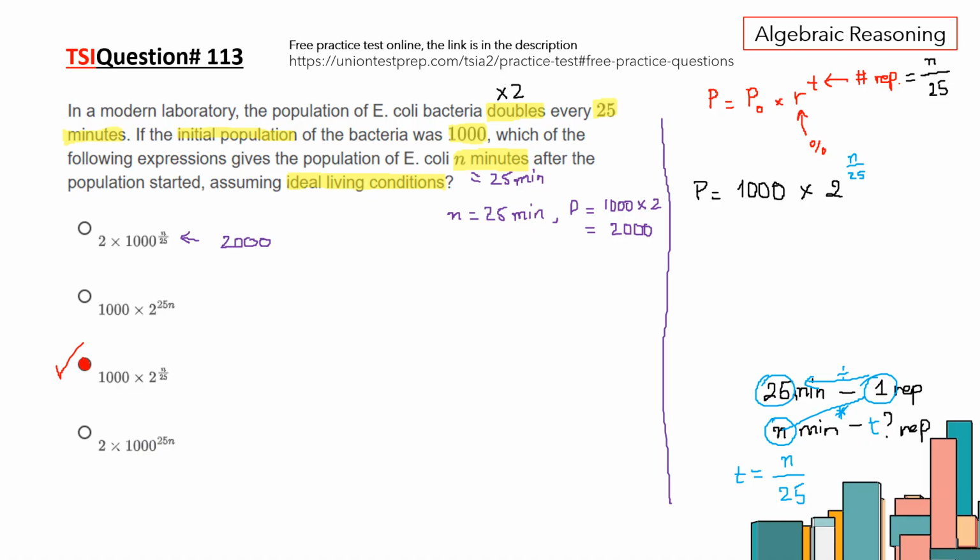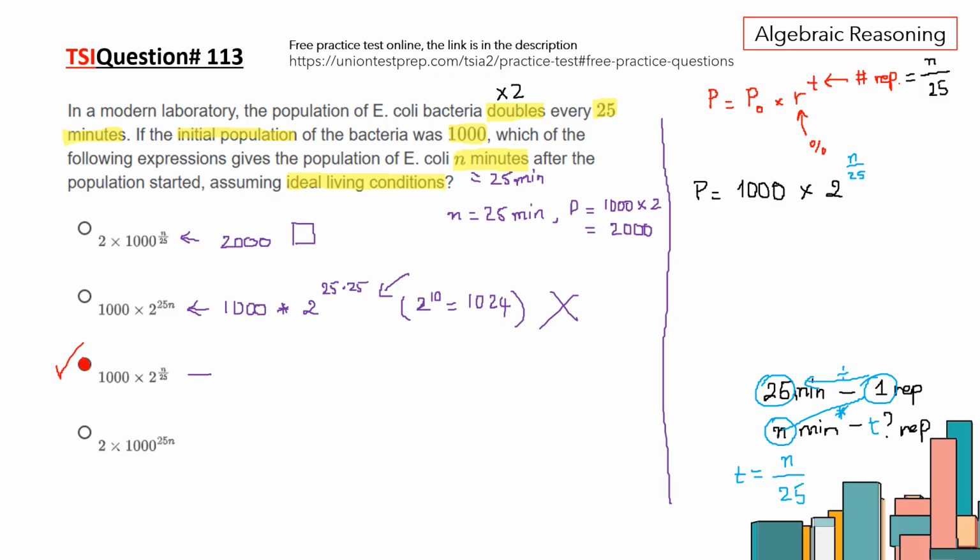This other one gives you really big numbers, because 1,000 multiplied by 2 to the power of 25 times 25 is really big. As you know, 2 to the power of 10 is 1024. So it's not 2,000. The first one we consider, we leave it blank, but this one is totally wrong.